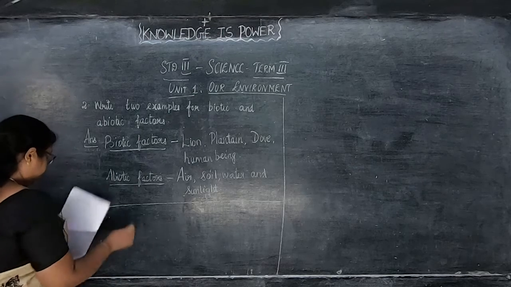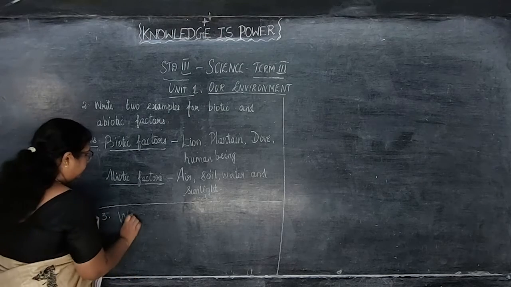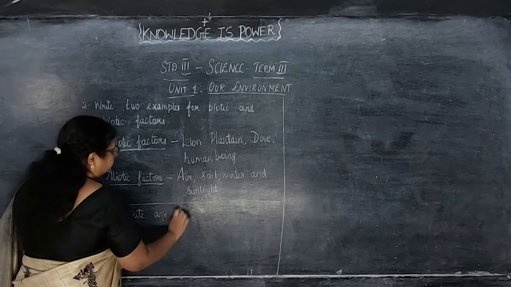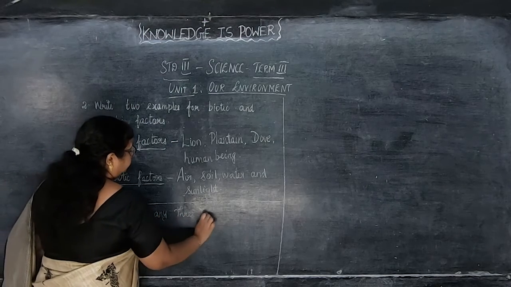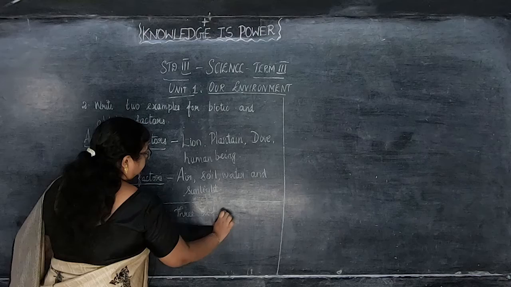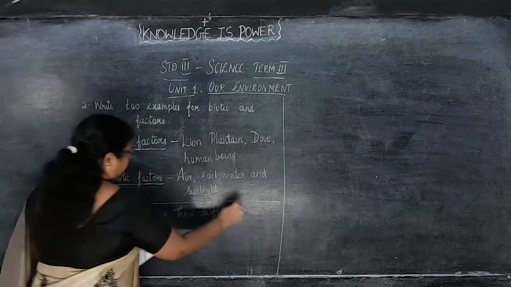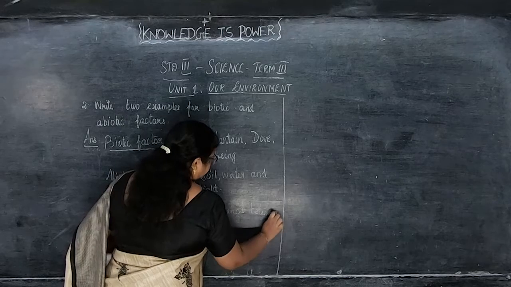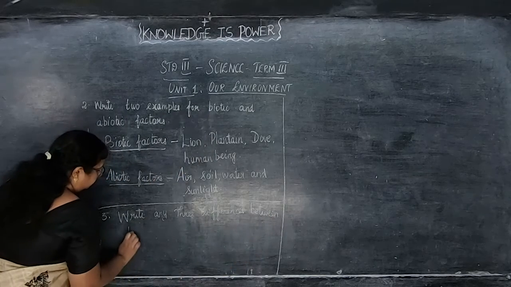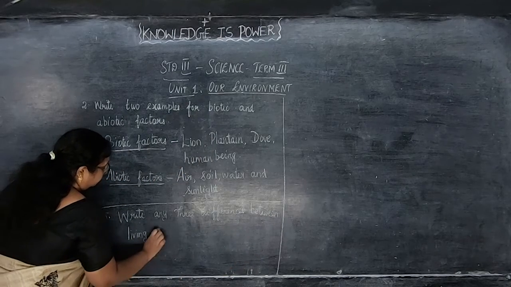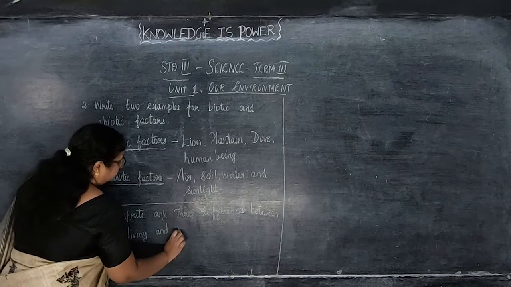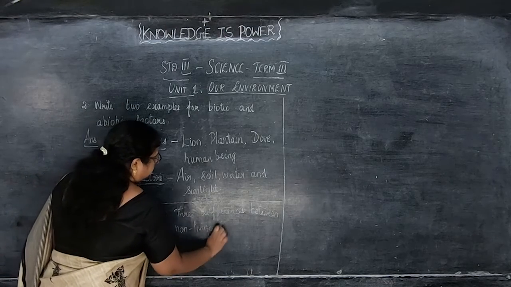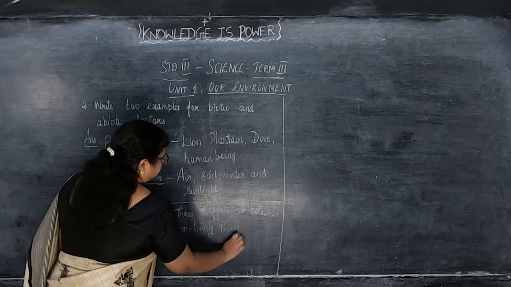Then third, write any 3 differences between living and non-living things. So what is the question?